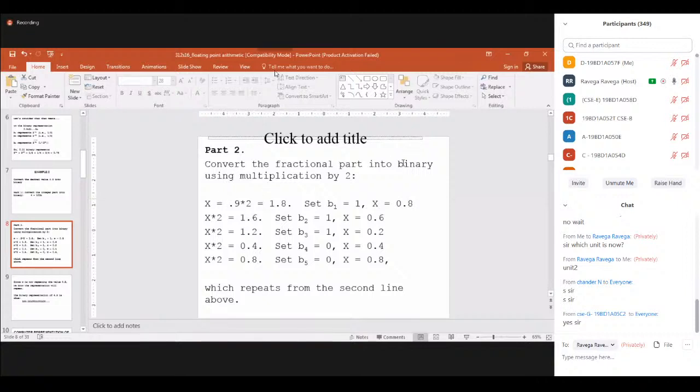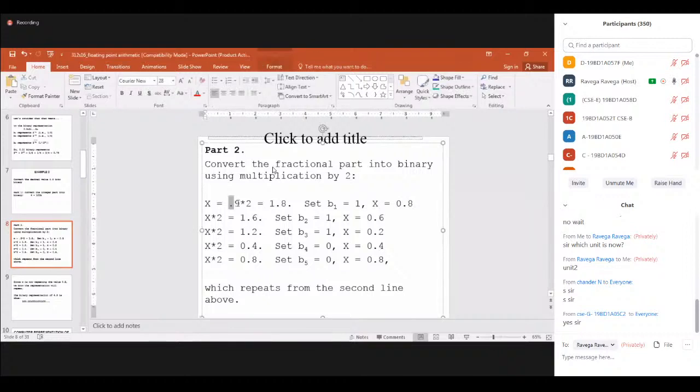So convert the fractional part into binary using multiplication by 2. So 0.9 into 2, that is 1.8. Here, when it is 1.8, this is taken as b1, right? So b1 equals 1, and 0.8 is taken as x, this fractional value, right?